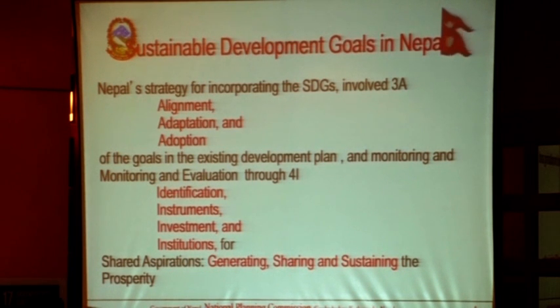We have identified our resource gap in investment, about 48% of the resources needed, to be met by institutions in the public, private, community, and non-governmental sectors, and even out-of-pocket households. Also, we have identified the institutions to achieve this shared aspiration of generating, sharing, and sustaining prosperity in the country.